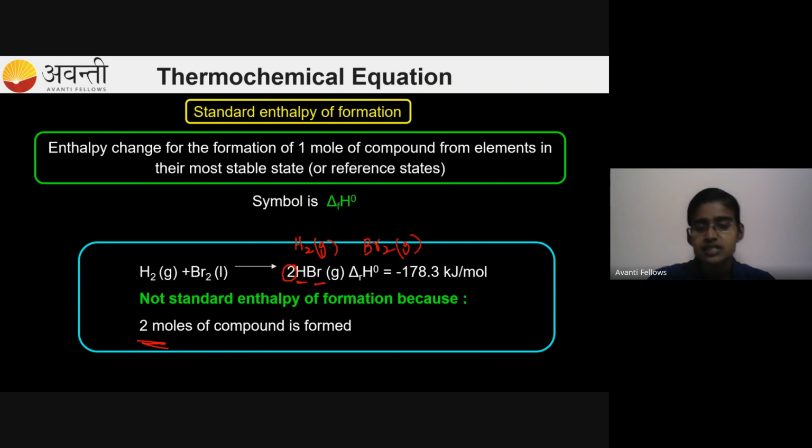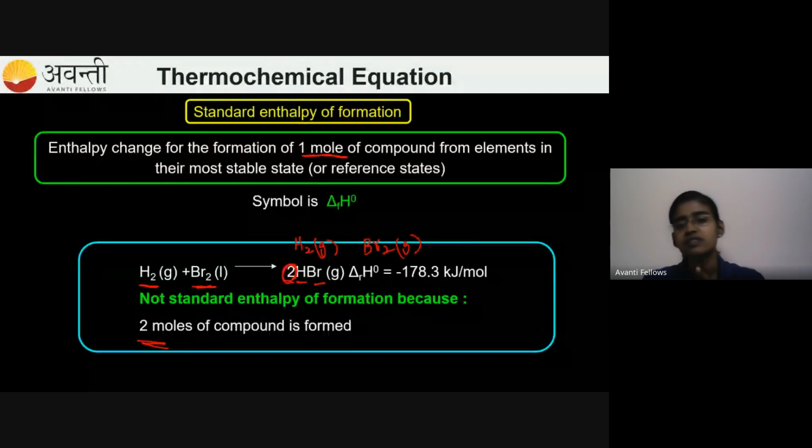The HBr is formed from its standard constituent elements, but the definition says that only 1 mole of the compound should be formed from its constituent elements. But 2 moles of HBr are being formed.